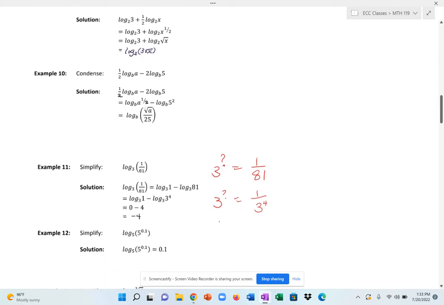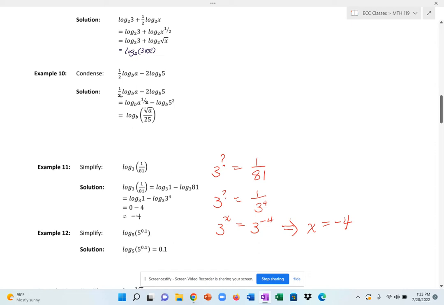But we know that we can rewrite the 1 over 3 to the 4th, and I'll just call this x instead of a question mark to make it more mathematical. And so then we get that x must then equal negative 4. Same answer we got here. So either way, you end up with the same result, and both methods are correct.